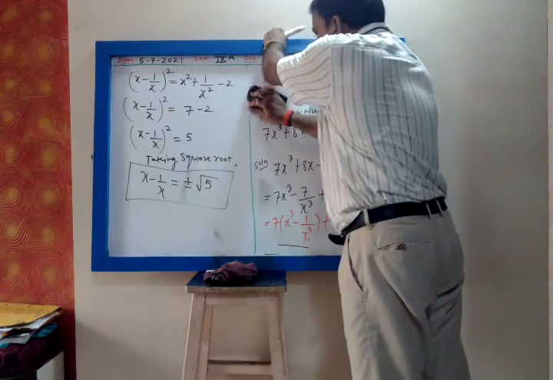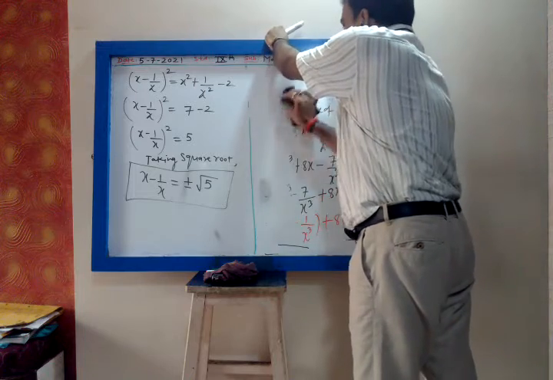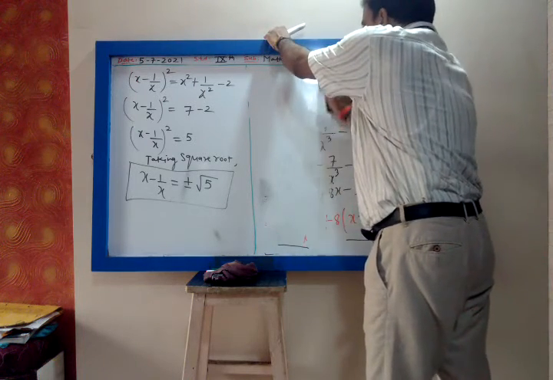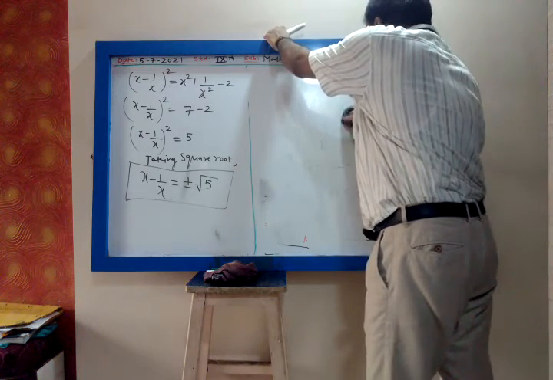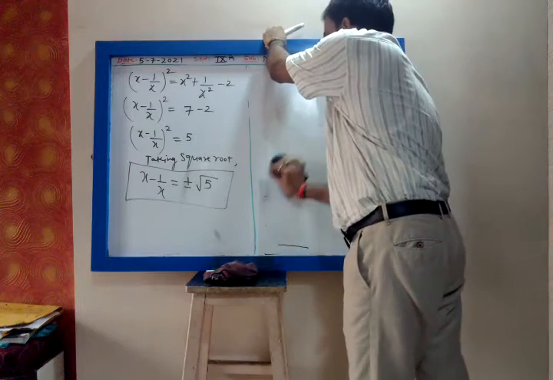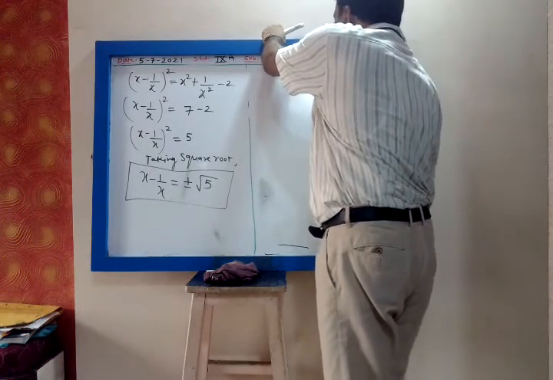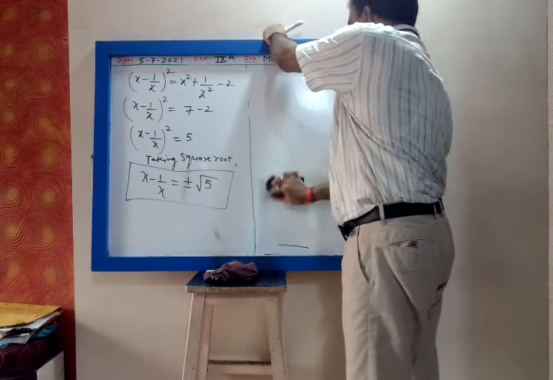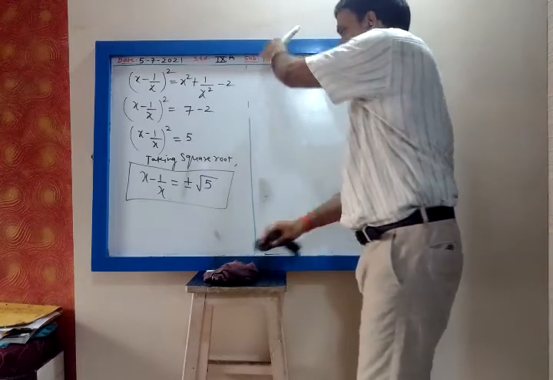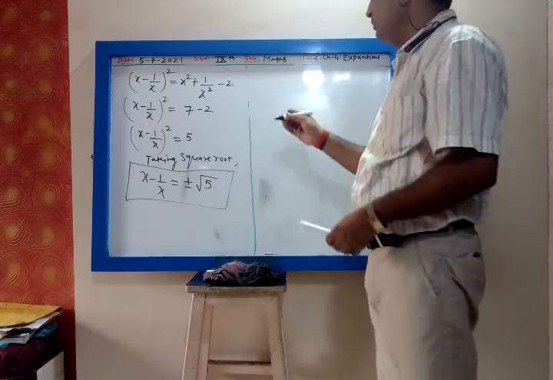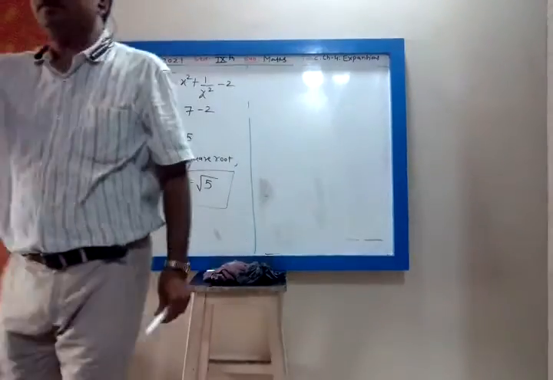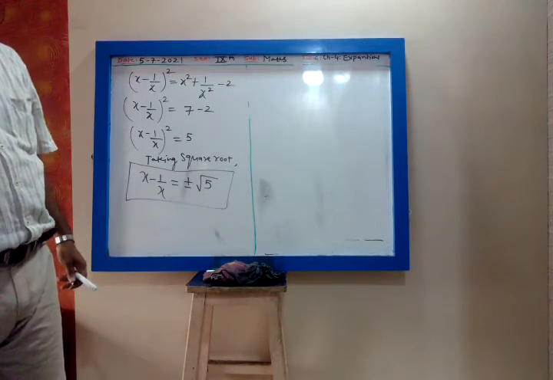First case, when x minus 1 upon x is plus root 5.